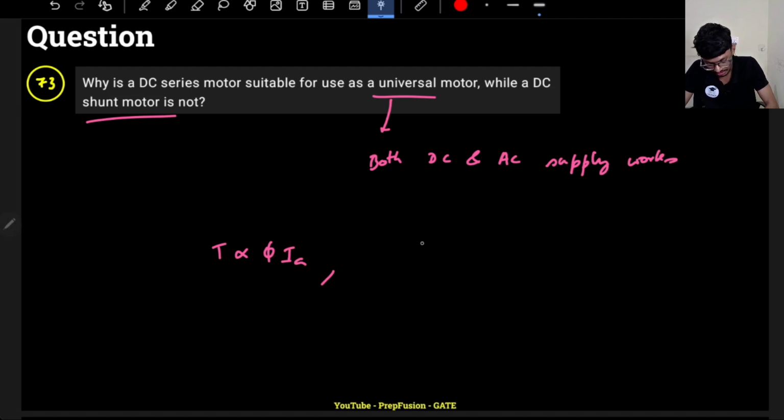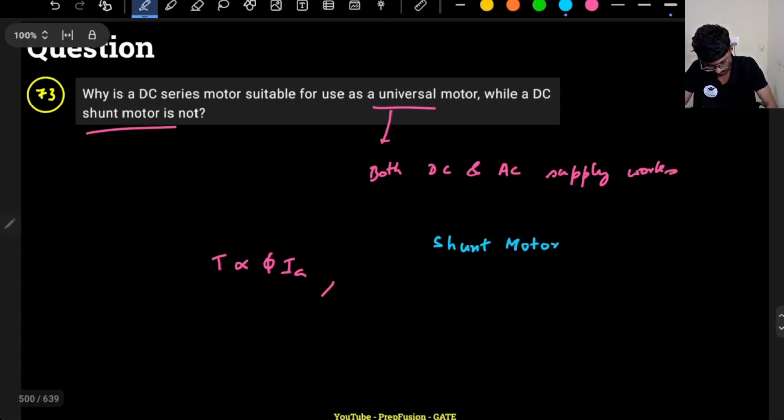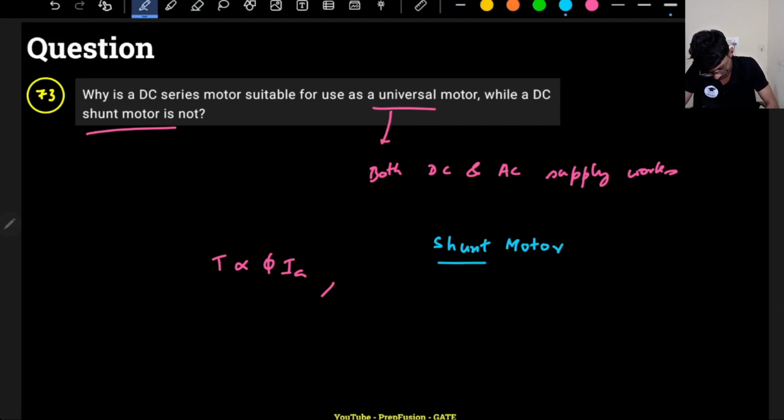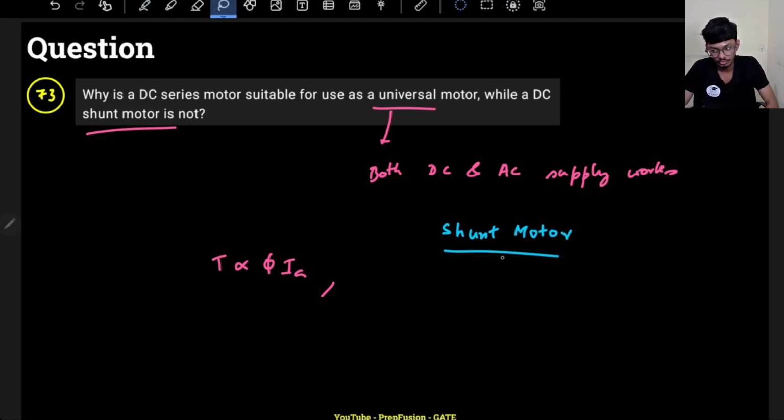So in case of a shunt motor, what will happen? Just hold on, I will just check the volume. Yeah, volume is fine.